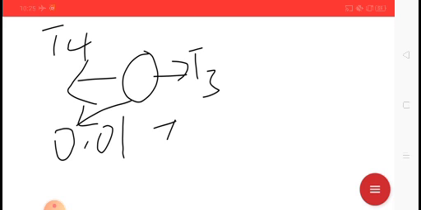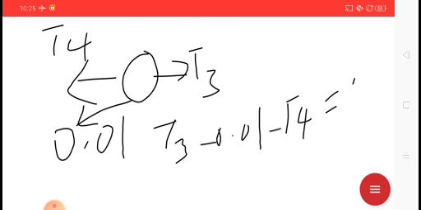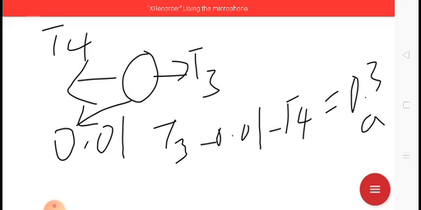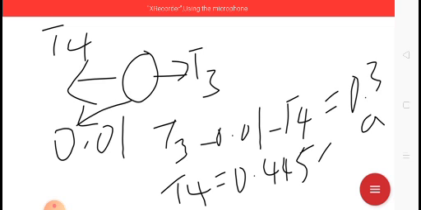So you have T3 minus 0.01 minus T4 is equal to 0.3a. By solving this, you will get T4 equal to 0.445 Newton. So these are the forces in each coupling.